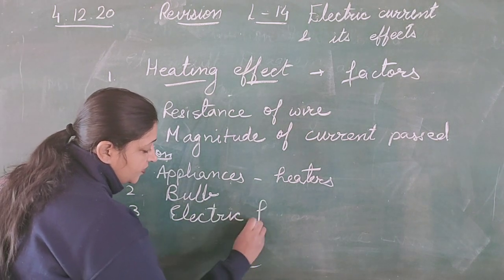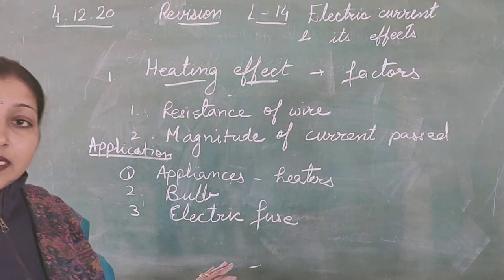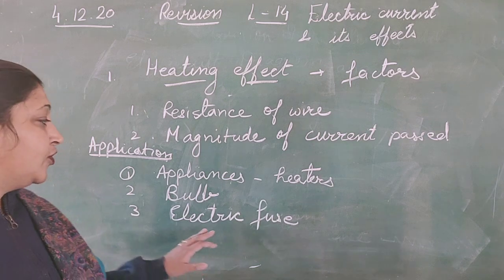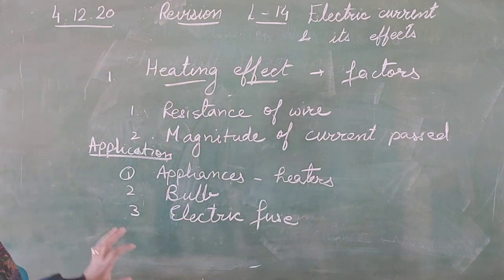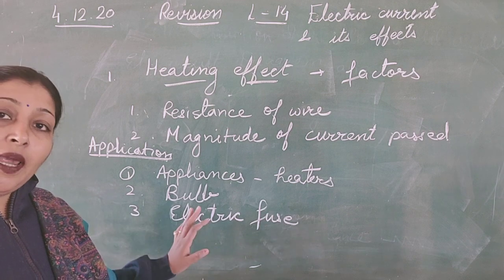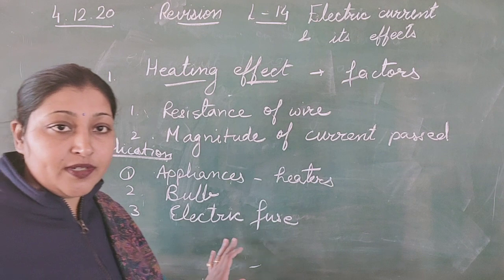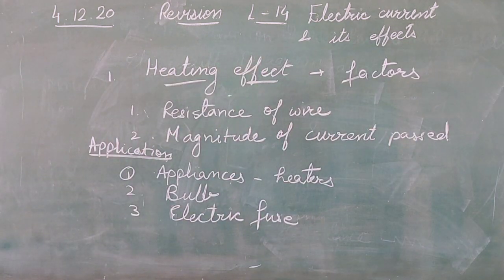Number three is the electric fuse. Electric fuse is also based on the heating effect of current, that we will discuss in tomorrow's tutorial. I hope that's all for now and it is clear to you all. So children, all the best and revise it.